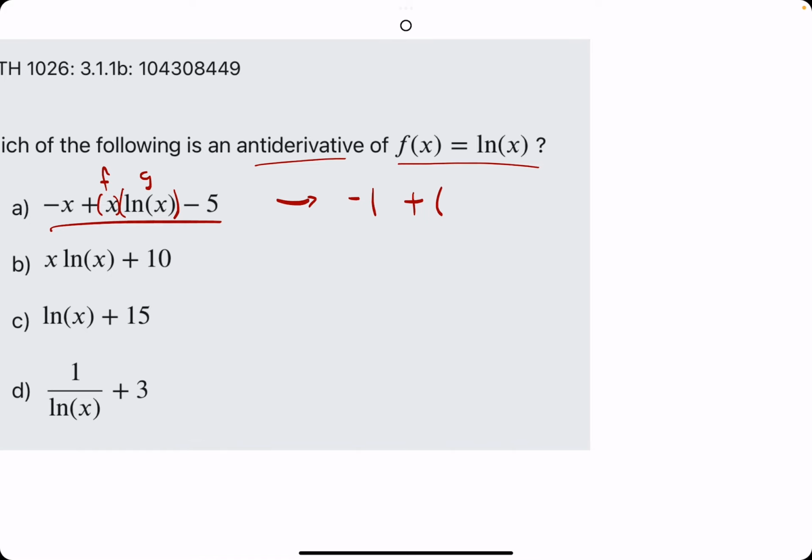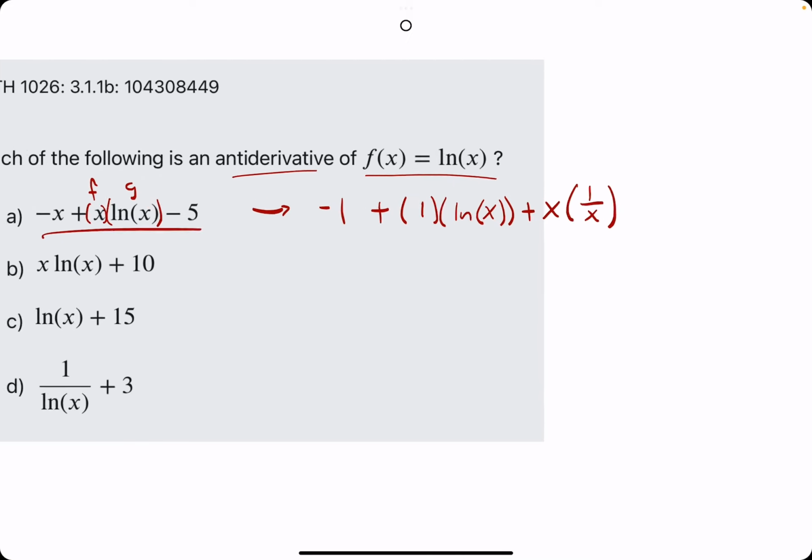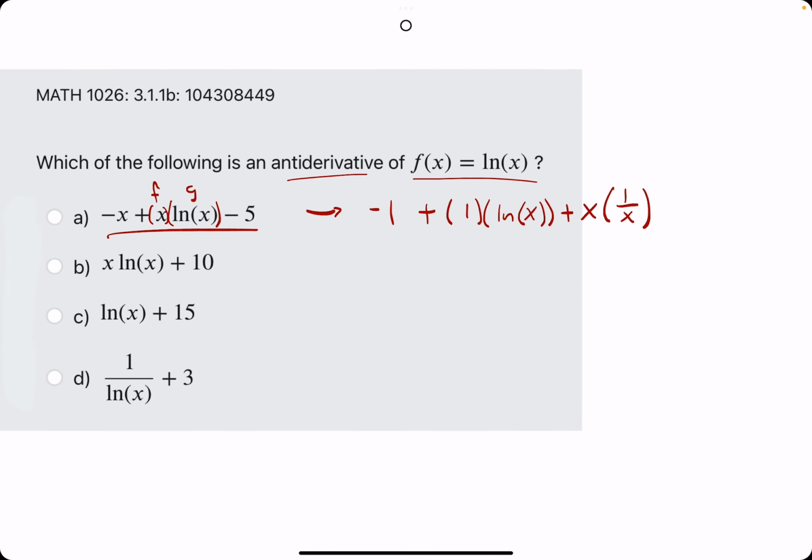So the derivative of x is 1. Then we'll do 1 times g, which is ln of x, plus f, which is x, times g prime, and ln of x has a derivative of 1 over x. That's kind of just a memorized one, so hopefully you'll have that reviewed at this point.